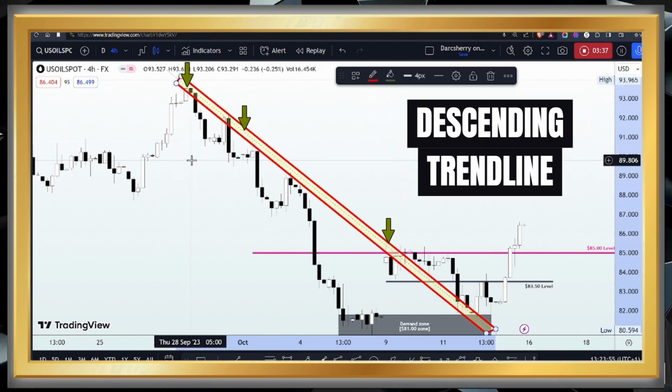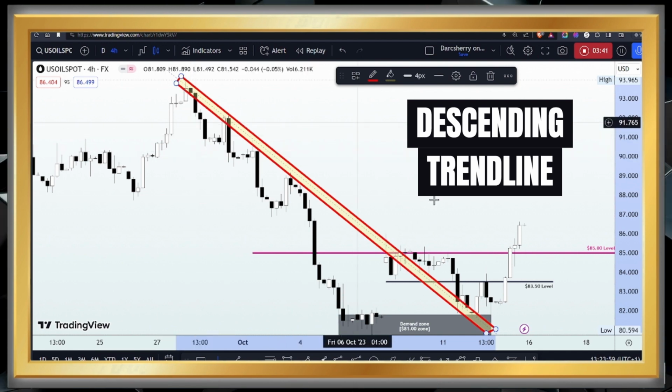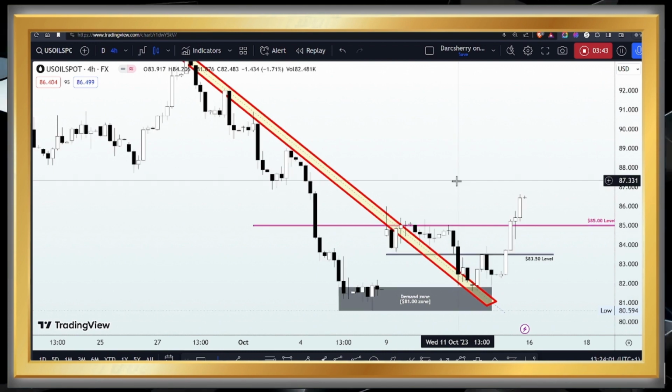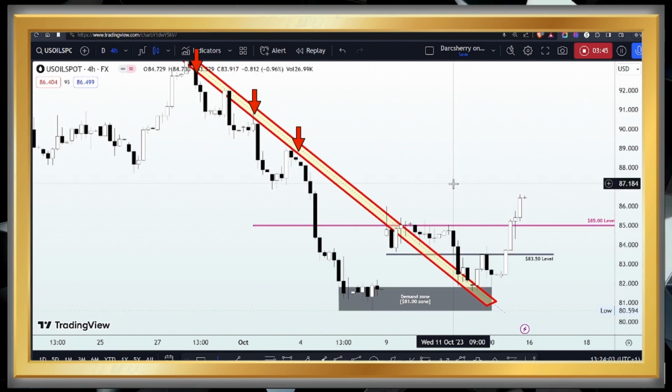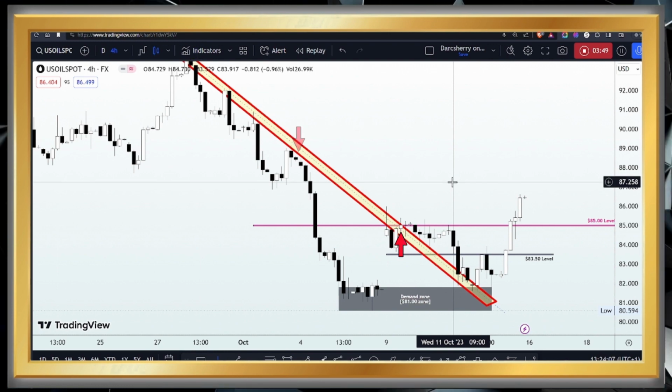And of course, you know how we use our descending trend lines in this community. If price remains below the descending trend line, we feel comfortable in a sell position. But if price breaches the trend line and breaks out of that structure, then we want to start considering buying.